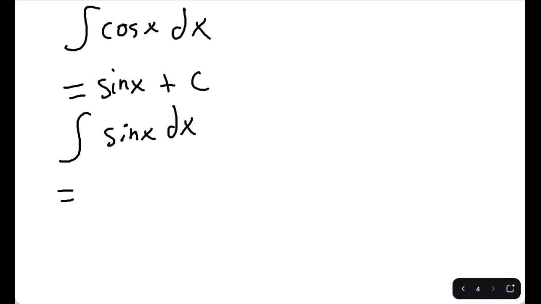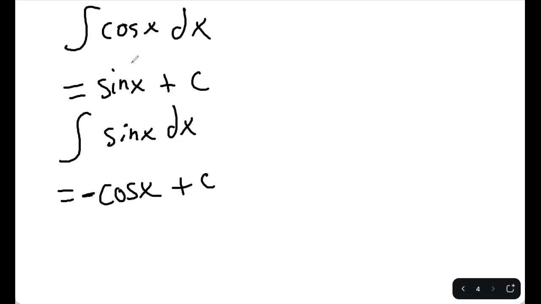I don't know how to use that formula on this. Well, what's the derivative of cosine? It's negative sine of x. Okay, so this would be wrong. What if we put a negative sign in front? Yeah, it is right.